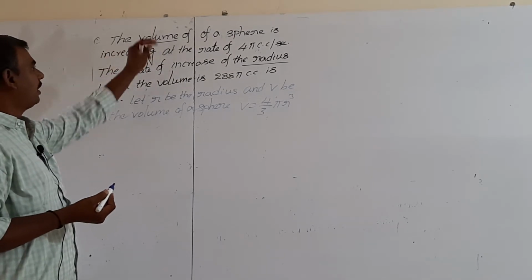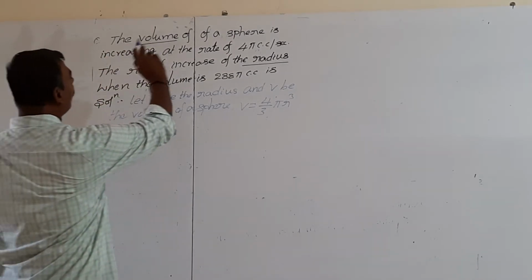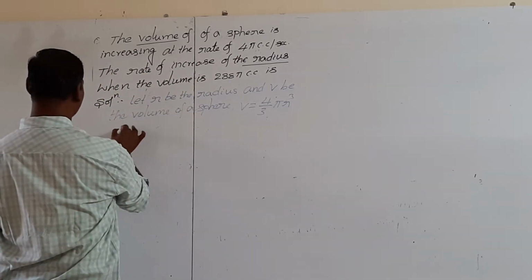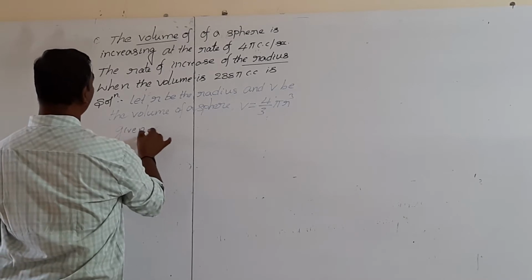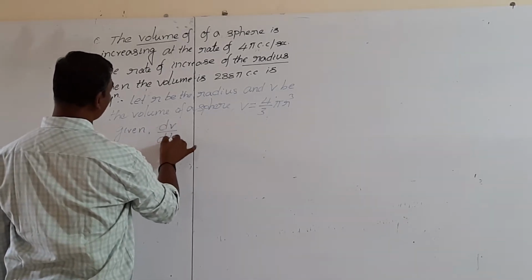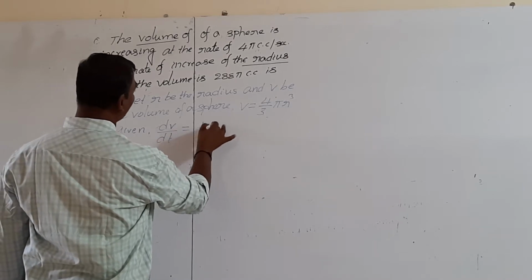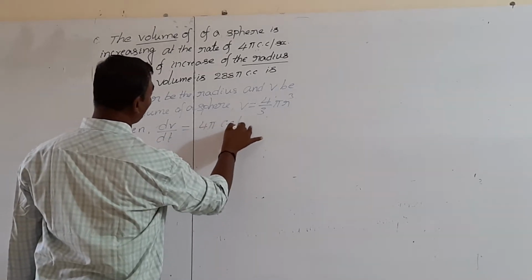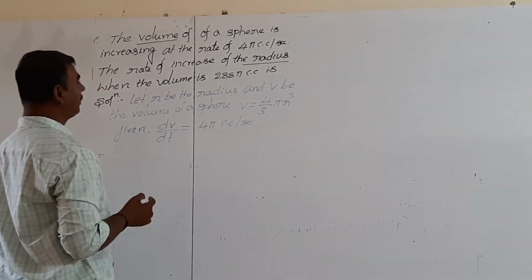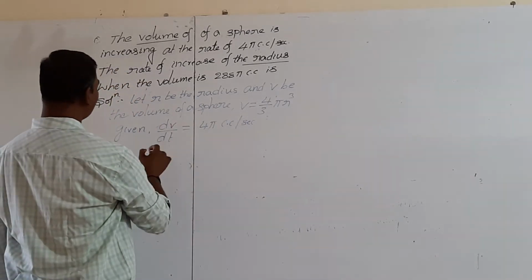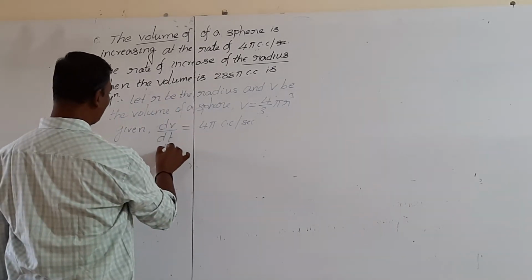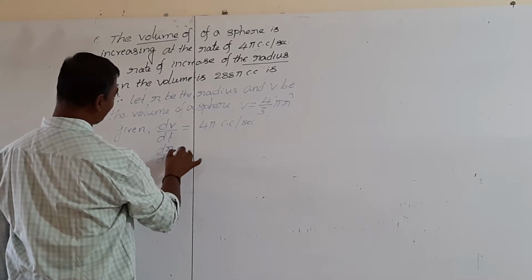Now, from the given data, the volume of a sphere is increasing at the rate dV by dt with respect to time, 4 pi cubic centimeter per second. We are also asked for the rate of increase of the radius, dr by dt. This is our question mark.